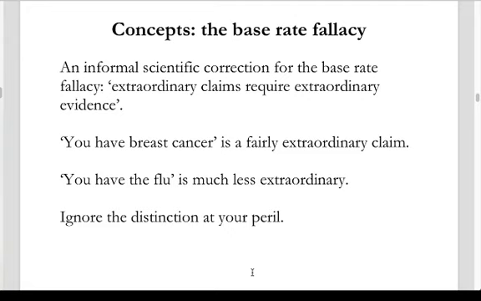In our specific example here, the proposition or the theory or the hypothesis you have breast cancer is a fairly extraordinary claim. Right? We know that only 1 in 1,000 people have breast cancer, whereas the hypothesis you have the flu is much less extraordinary. That's a pretty normal thing for somebody to have.